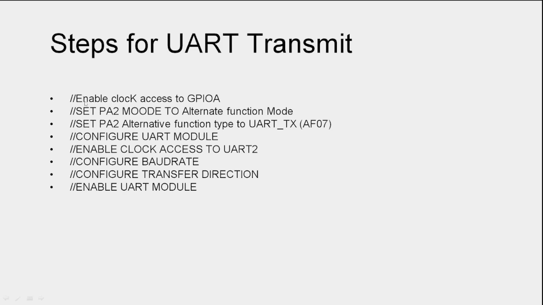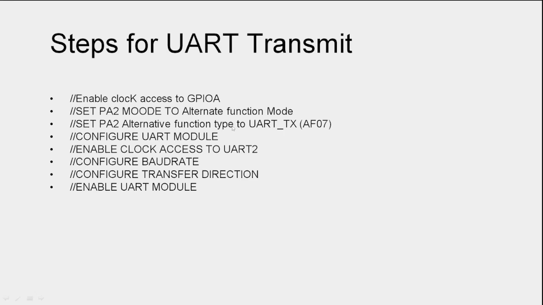First, you have to enable the clock access to the GPIO, because USART2 is connected to the GPIO through an alternate function. You have to set the port A pin PA2 mode register to alternate function mode, and configure the alternate function type.